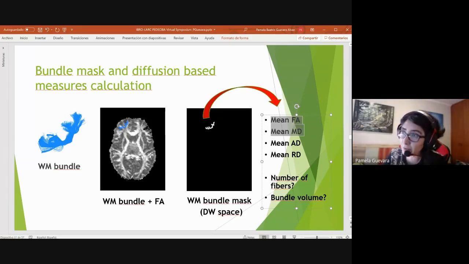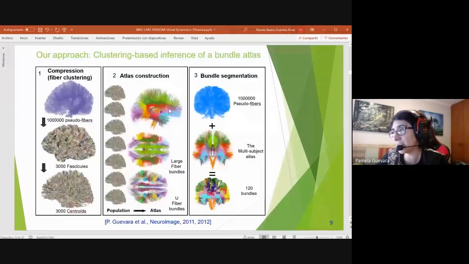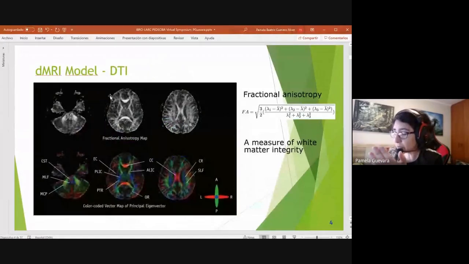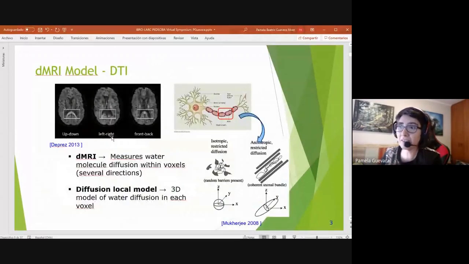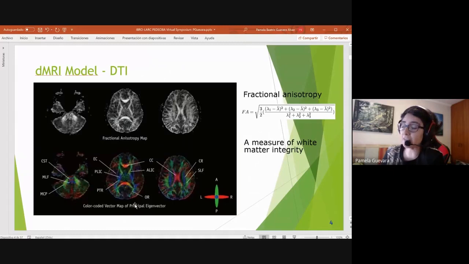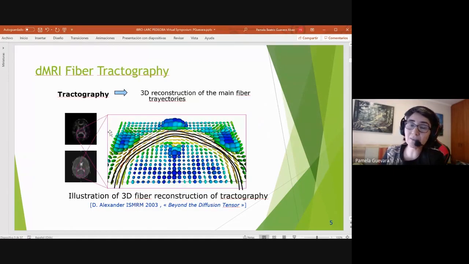tensor. So again, I show you again because I think it's important just to understand that. Once you have the diffusion images, you can calculate the diffusion tensor. This is a model. You cannot see that directly. What we can see is a representation of that like an ellipsoid.